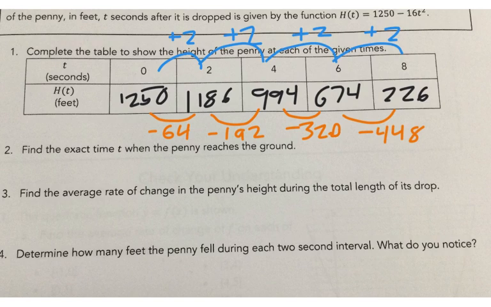So what do we notice? Is the change in height constant? It's not. The change in height continues to grow. Right? It's not constant. So the number of feet fallen keeps increasing. So let's say it's not constant.